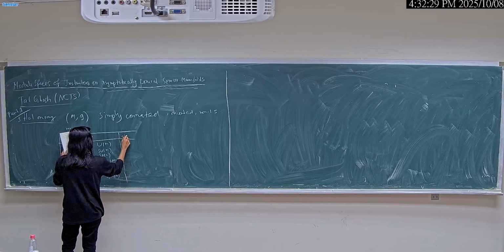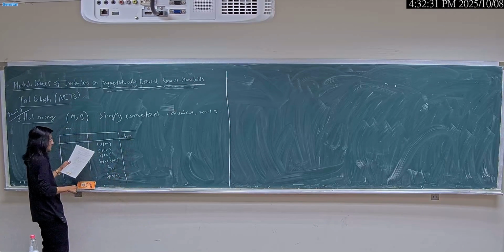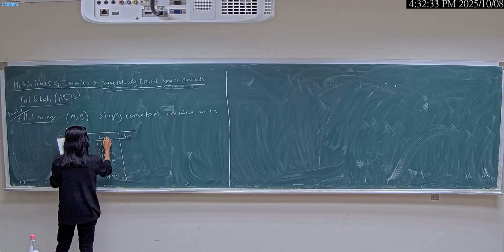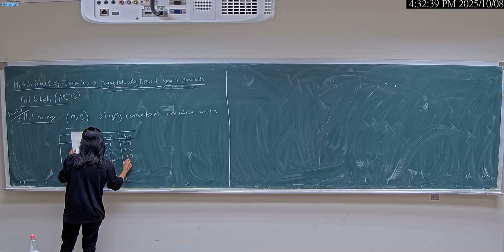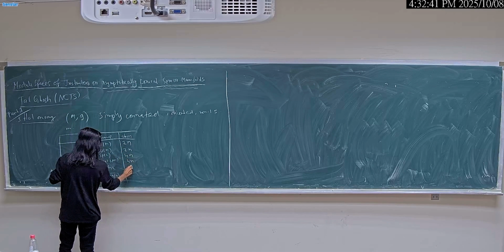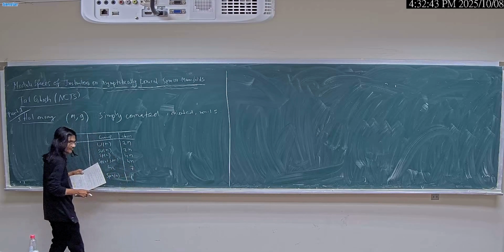And for those holonomy groups to occur, the dimension of the manifold has to be real dimension 2n, 2n, 4n, 4n, and 7 and 8.